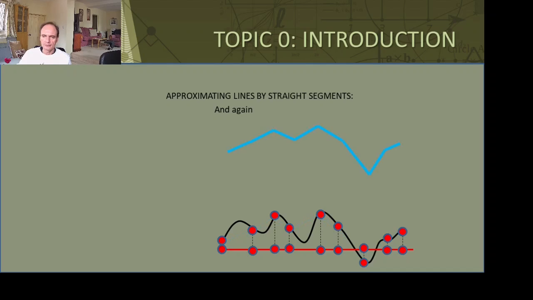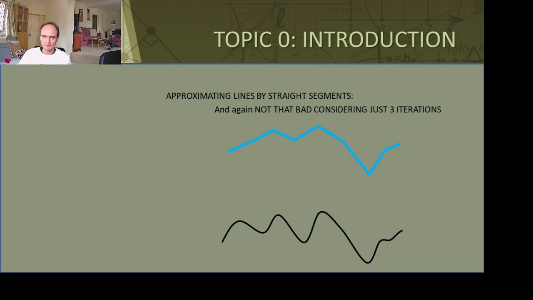And of course, I think this is not bad considering that we just have made three iterations of our method, okay? If we make, I don't know, 30 iterations, just imagine how precise our blue line would be when compared to our black line. They will be as close as I want.